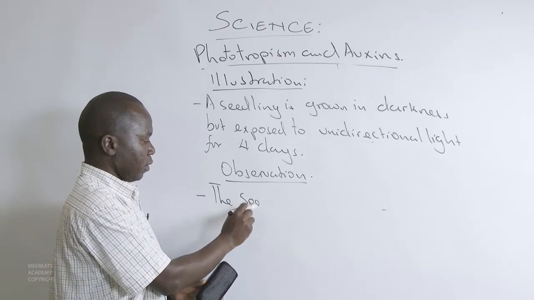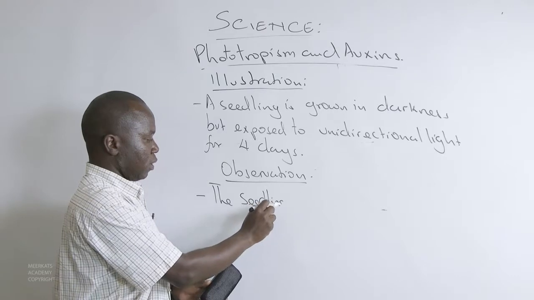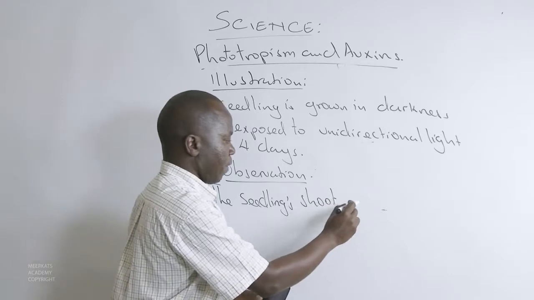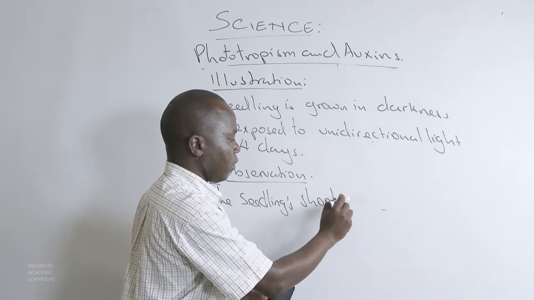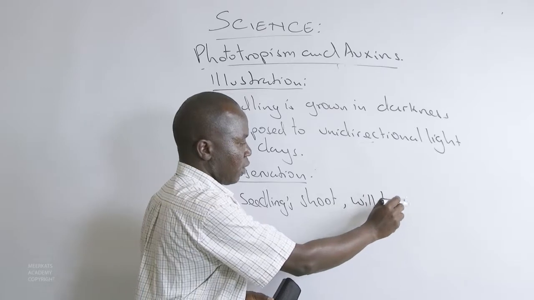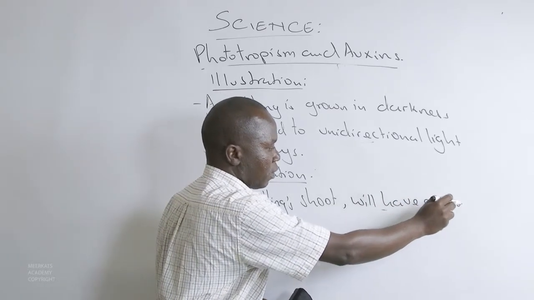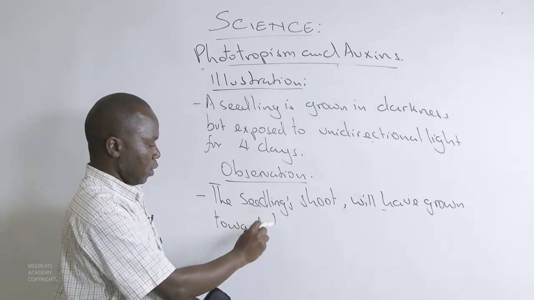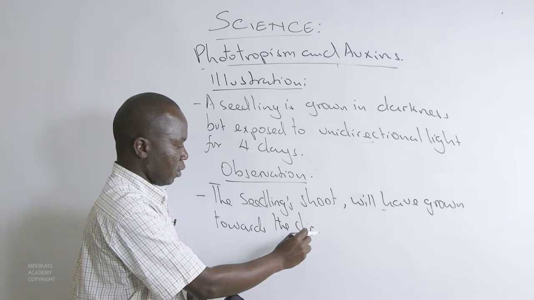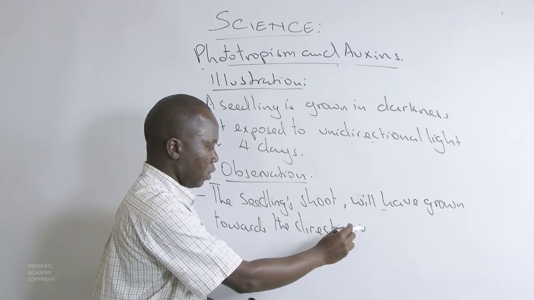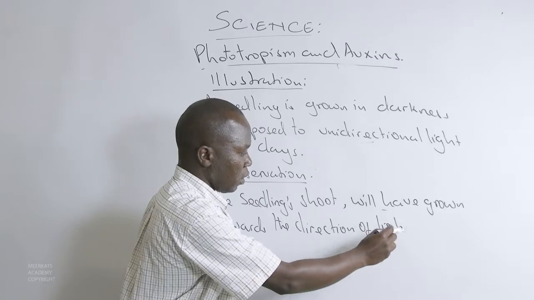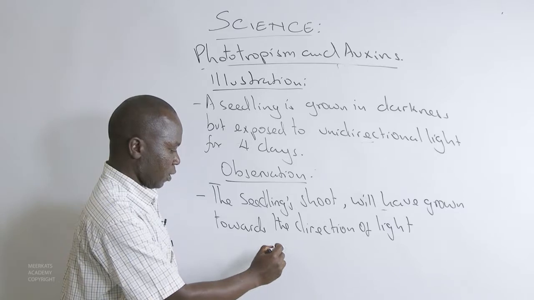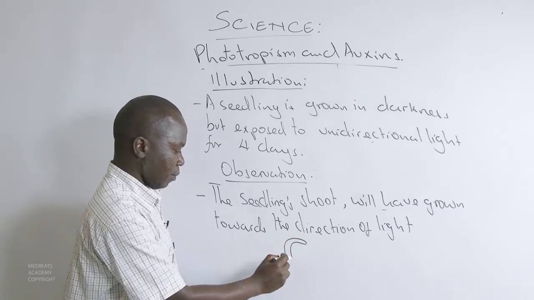The seedling's shoot, the specific part, will grow or will have grown towards the direction of light. That's what you have seen in our previous diagram.